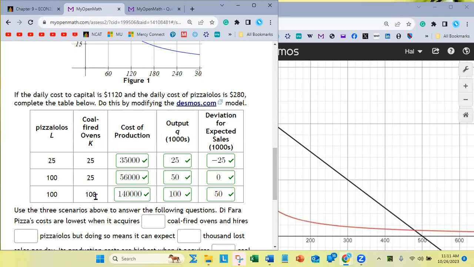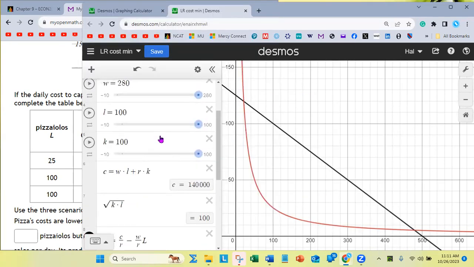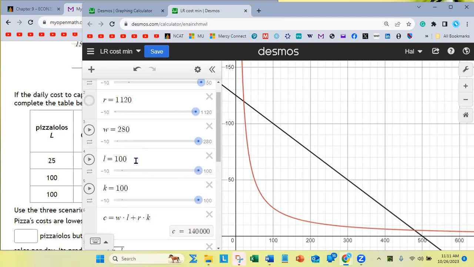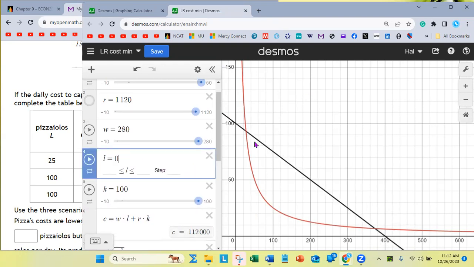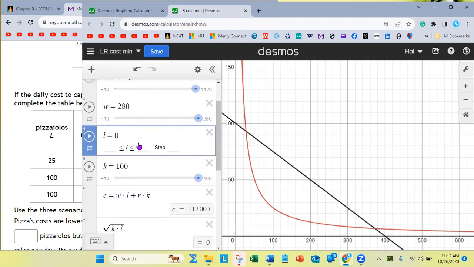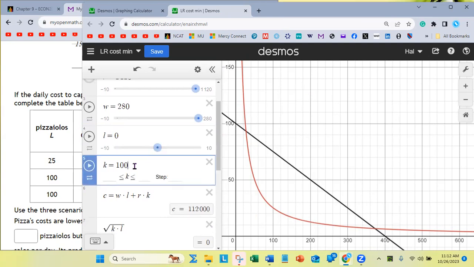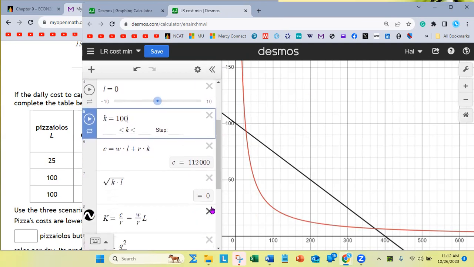So if we have 100 coal-fired ovens, what do we have to do? We have to reduce our number of pizza chefs to what? If we have 0 pizza chefs and we have 100 units of capital, we're going to produce no pizza and it's going to cost $112,000.